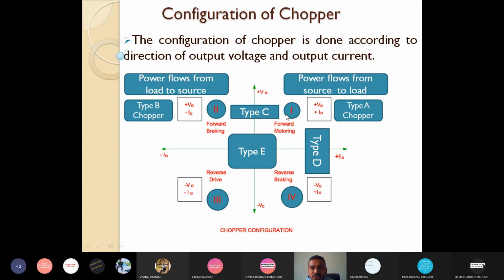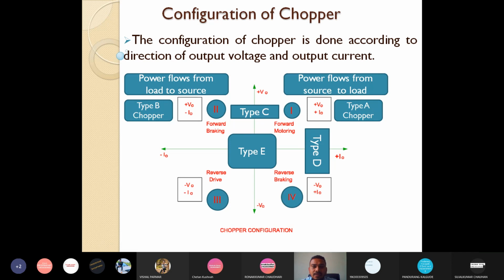This quadrant is known as the first quadrant, this is the second quadrant. We are generally talking about the 4 quadrant. This is the third quadrant, and this is the fourth quadrant. So in the V0 I0 plane we have 4 quadrants.